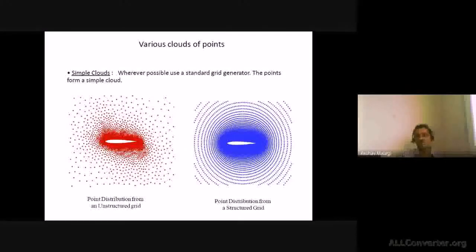So just some examples of various point clouds. This is called a simple point cloud where you can obtain the point clouds from an unstructured grid. If you have a structured grid, you can obtain the point cloud from there. You can see that around the airfoil both have been represented here. You don't need the information about their cells, how they connect to each other and all such information. You just need points from there.